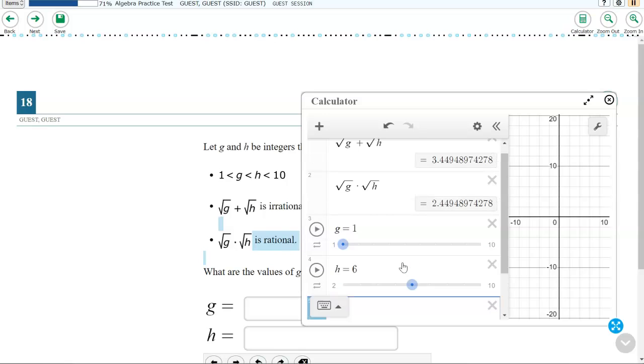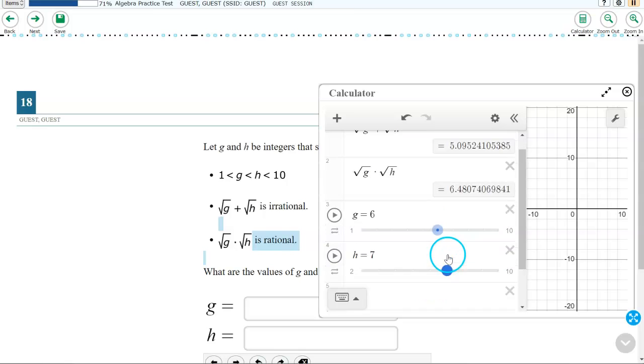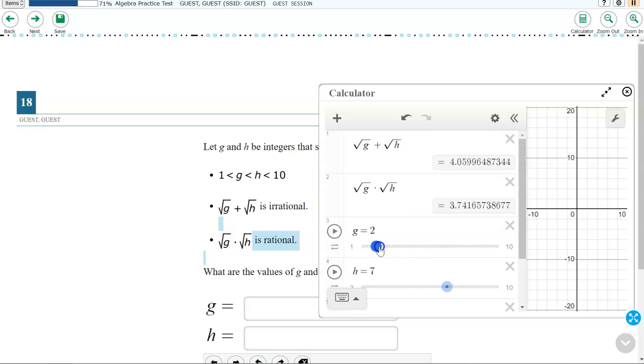All right, so here's what they'll do. They'll slide these until the first one is irrational and the second one is rational. But I can't use 6 and 6 because H has to be bigger than G. So if H has to be bigger than G, let's leave this down here at 1 for now.